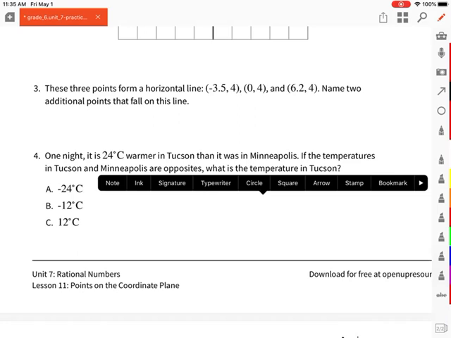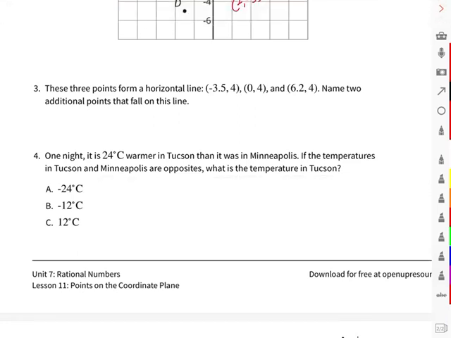These 3 points form a horizontal line: (-3.54, 4), (0, 4), and (6.24, 4). Name 2 additional points that fall on this line.